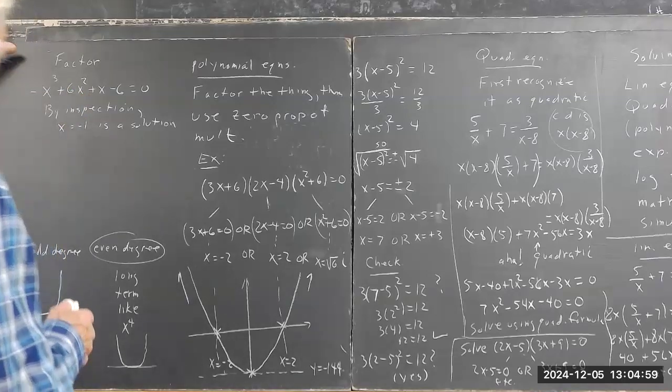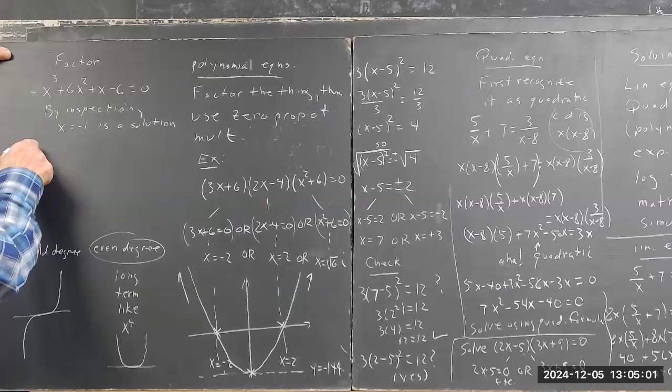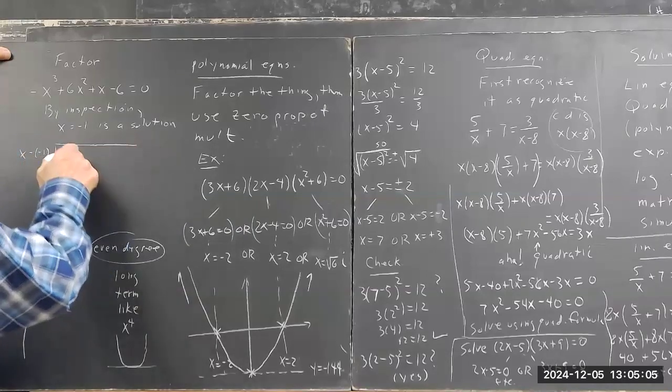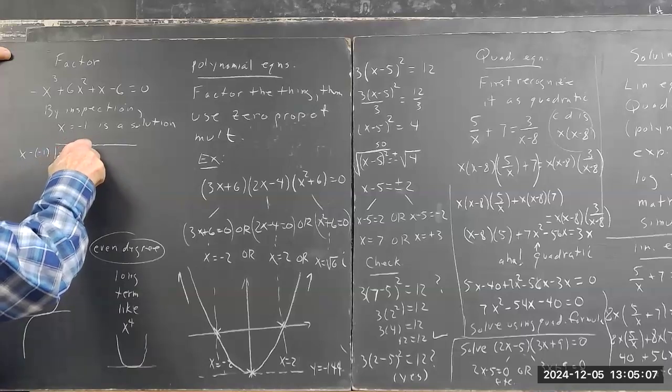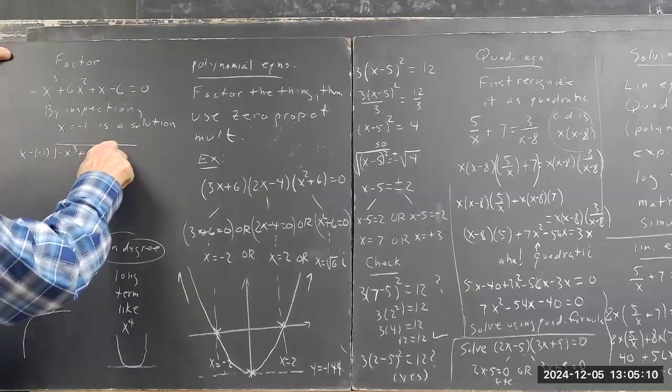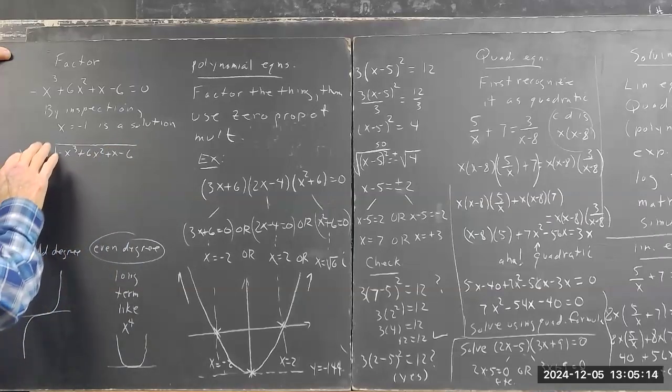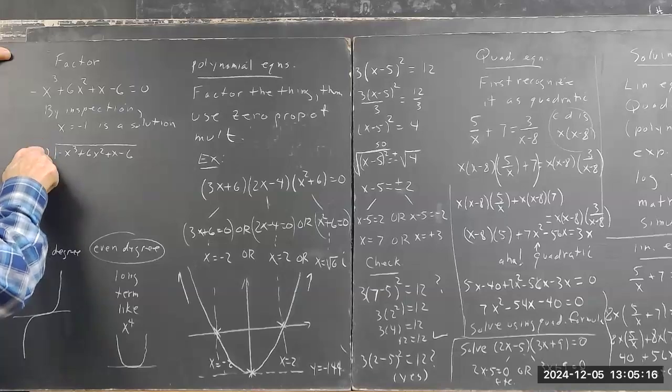How do you now factor it? You do x minus -1 divided into -x cubed plus 6x squared plus x minus 6. Well, x minus -1 is x plus 1.